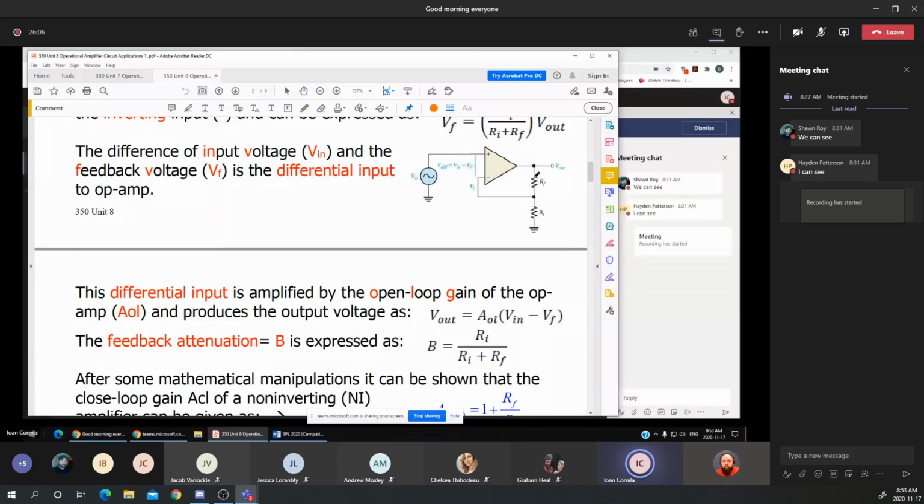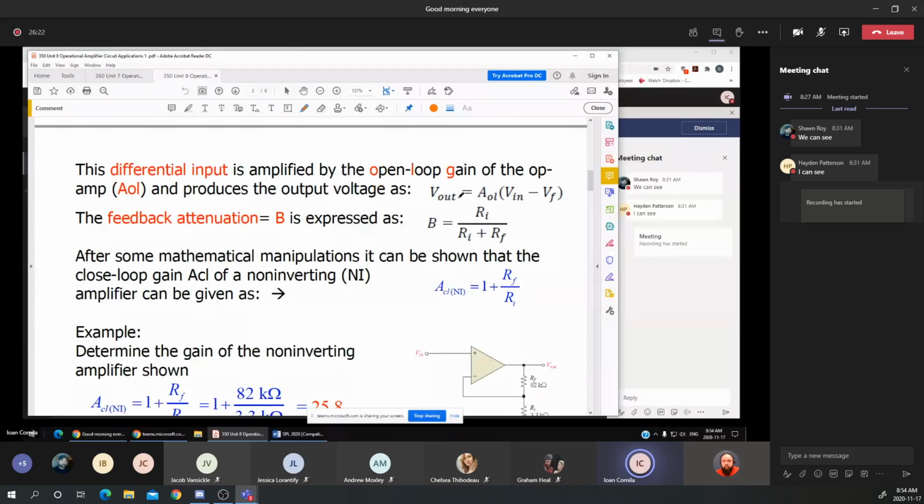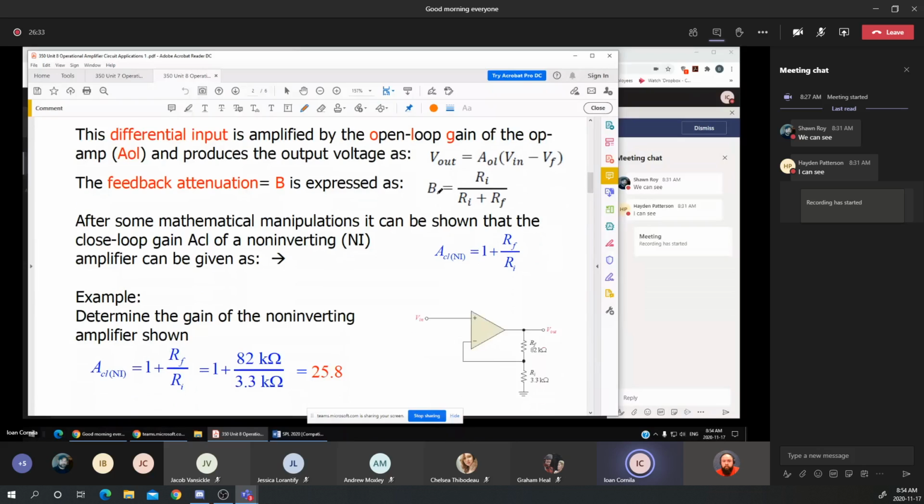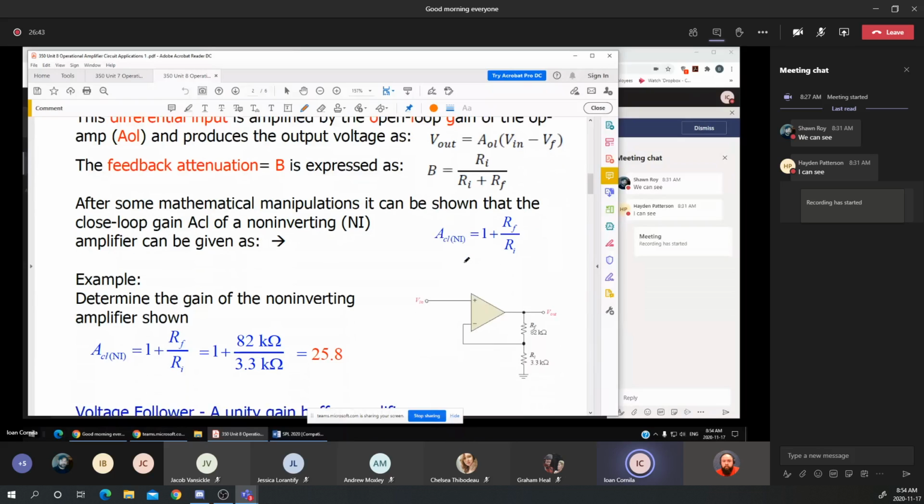The ratio between RI and the sum of the two resistances actually represents the attenuation factor, or the feedback attenuation of the feedback network. Now, having those two new equations established, we can determine the gain for a closed loop circuit for a non-inverting amplifier.